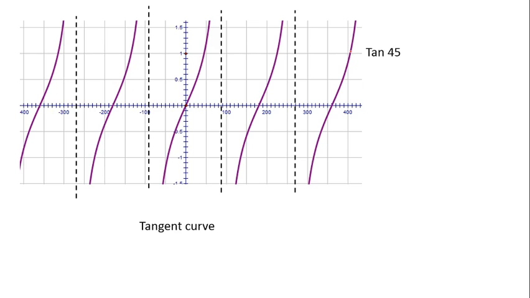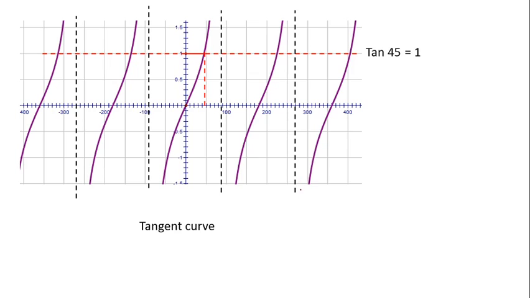So if we look here, tan of 45, we already said from the graph, is 1. Now, luckily for me, tan is much easier to do because we don't have a reciprocating thing like we do in cosine and sine.